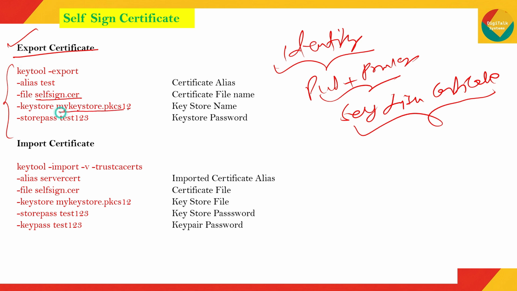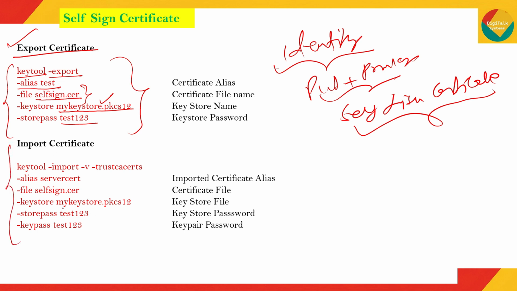This is the keystore that we have created in part 1. This was the store password, and we are using the keytool command with -export to export the certificate. This is the alias that we gave when we created our identity store for the mapping between public and private key, and this is the file in which we are going to export our self-signed certificate. So this is the command to export the certificate, and then we need to run the import command.